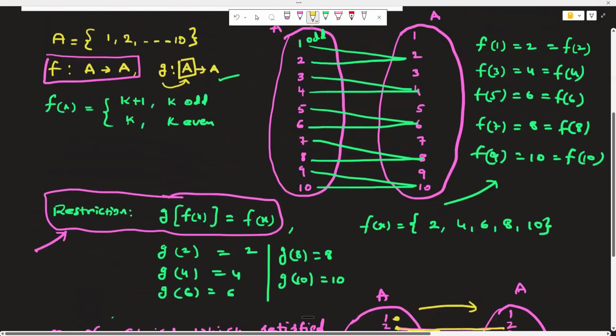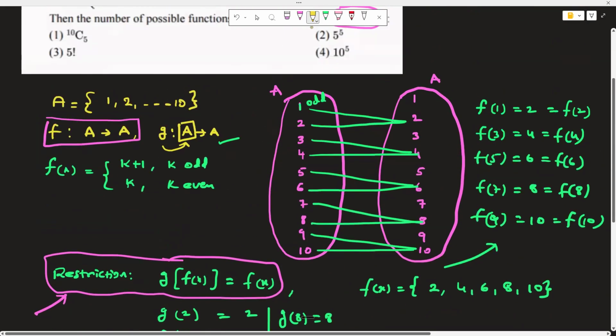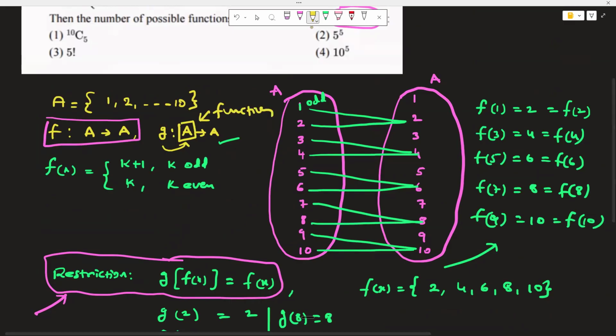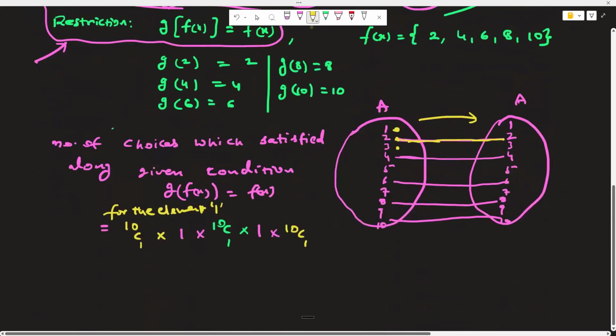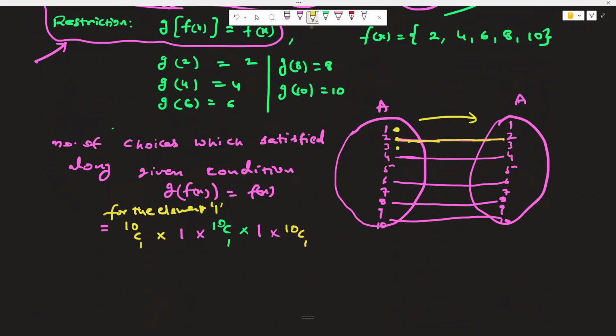G is a function. I already told you in the starting, they said it is a function. That means each domain element must have a connection with the codomain of function G. Okay. So now the procedure continues for the elements 1, 2, 3, 4, 5.